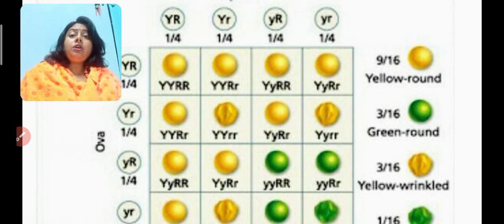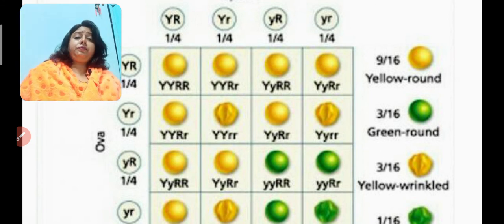So, the law of independent assortment states that if two or more pairs of characters are crossed, then the allele for one type of character assorts or moves independently of the allele of other type of character.